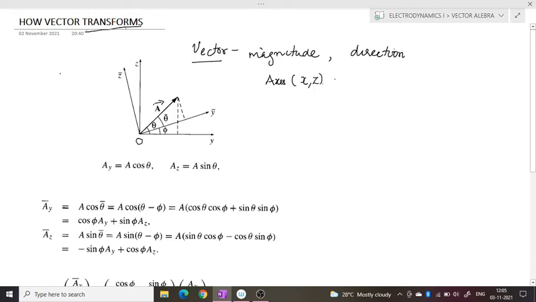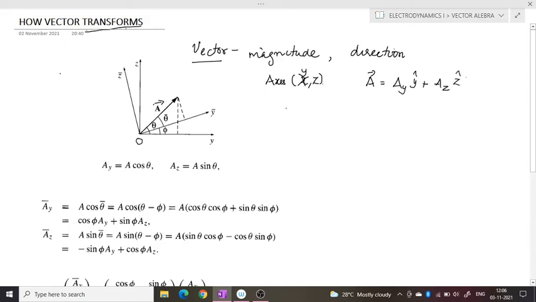Here we define the vector A in the yz plane. Vector A is defined as Ay along y direction plus Az along z direction.